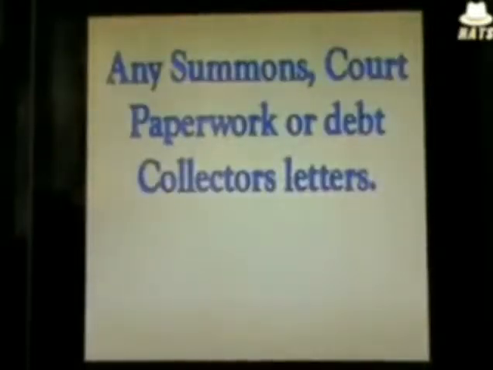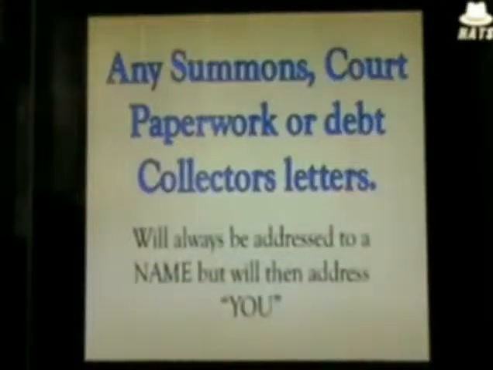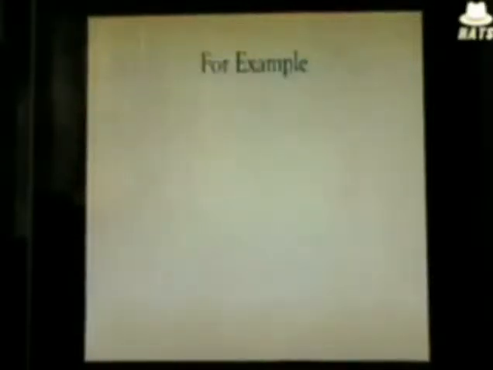Any summons, court paperwork or debt collector's letters will always be addressed to a name, but then you'll find from then on the only part of the letter or the paperwork from the courts that will be in the name, but from then on everything will be referring to you.